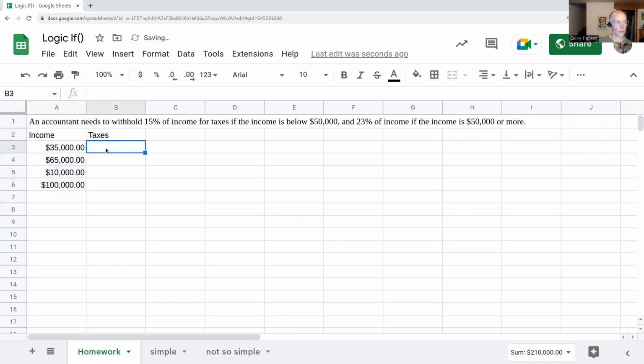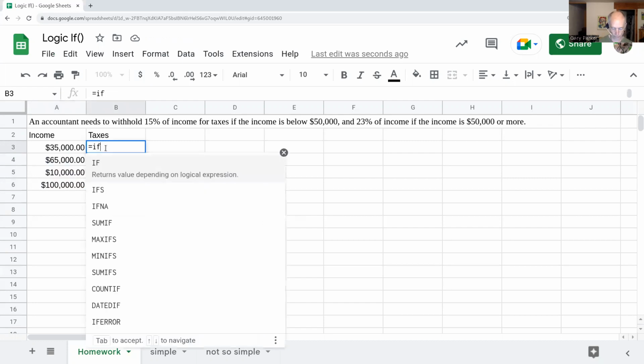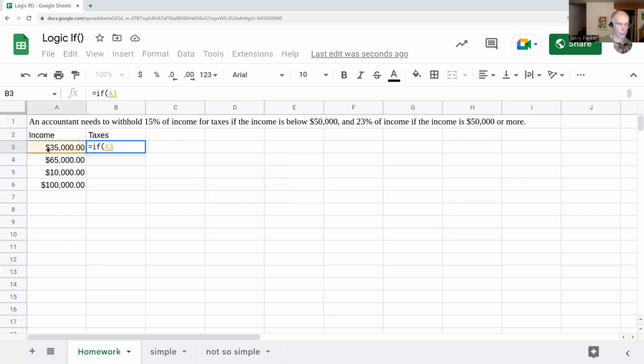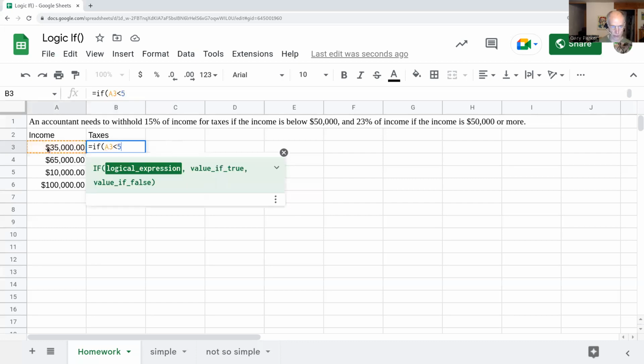All right, so let's make the formula on the first one, and then we'll see how it works on the others. So IF, logical expression, so that's where we test to see if the income is below 50,000. The income's located next to us, so we just click that cell, and we want to know if it is less than 50,000. If it is, we want to take that income and multiply it by 15%.